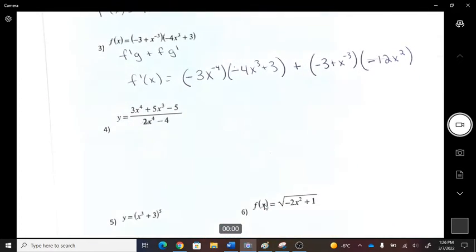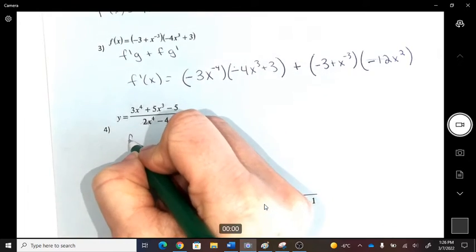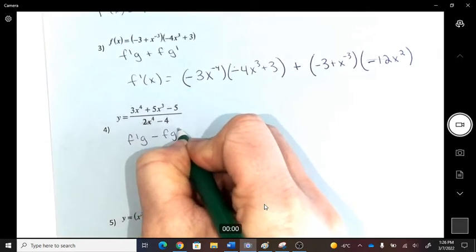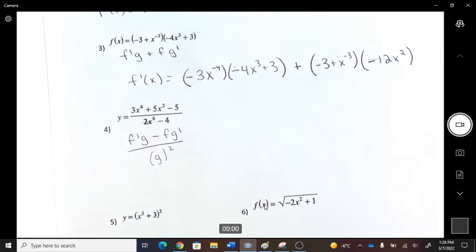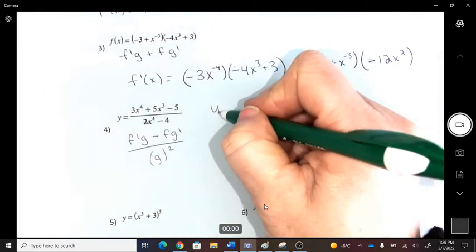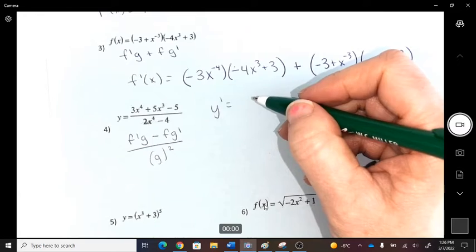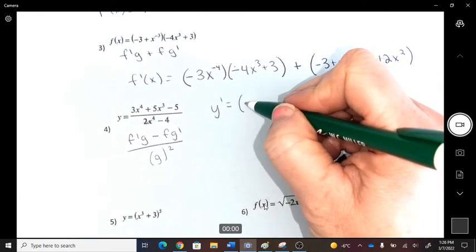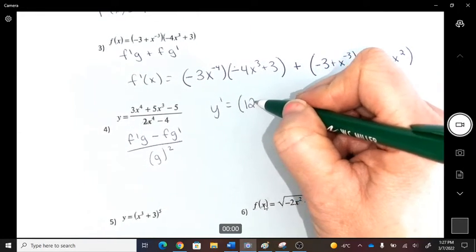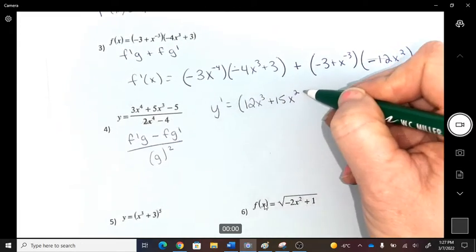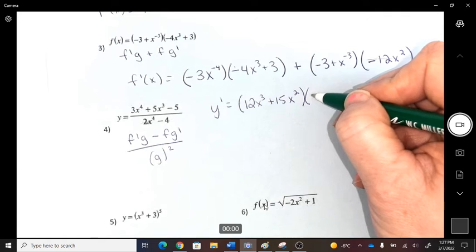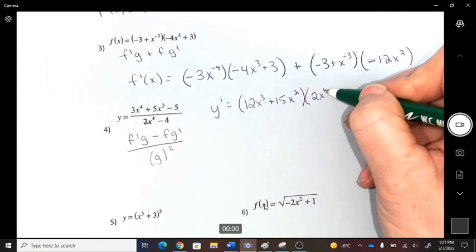Okay, number 4. So now we're going to do the quotient. So f prime g minus f. You don't need to write this, but that's kind of my general idea. Okay, here we go. Derive the top. So 12x cubed, 15x squared, times keep the bottom.